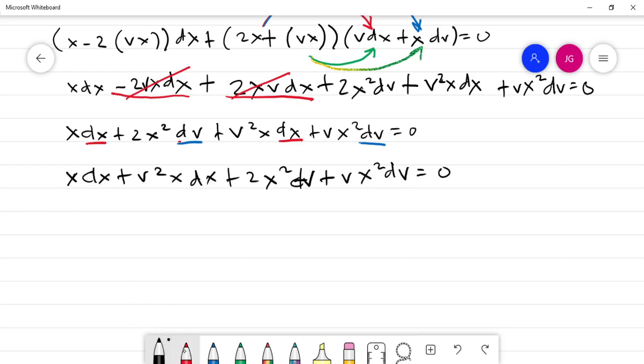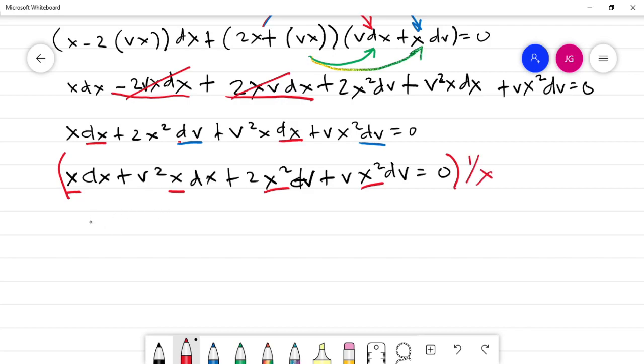Take note guys that these have common x's. The smallest that can be extracted is the first degree of x. Which means multiply both sides by 1 over x.